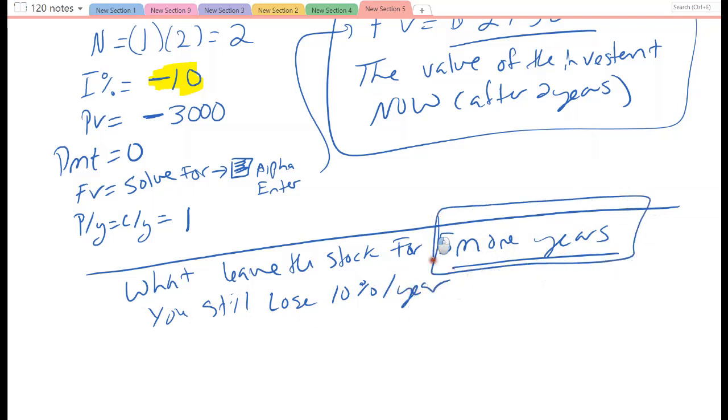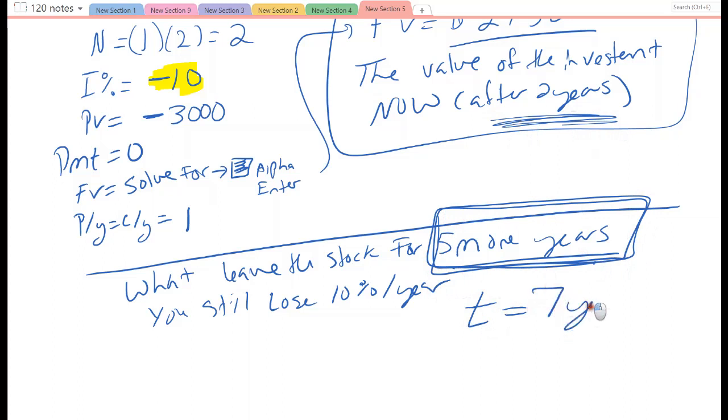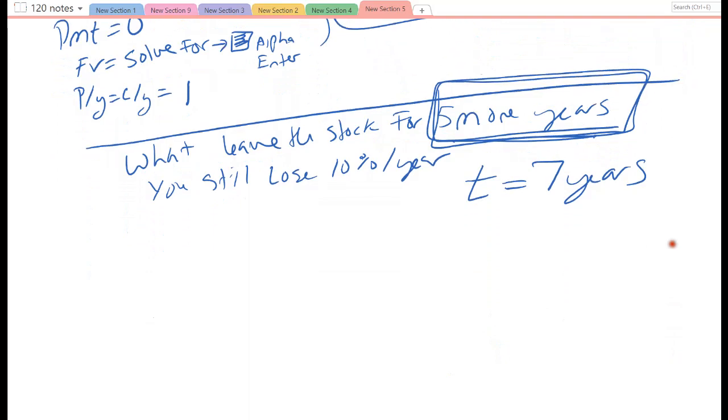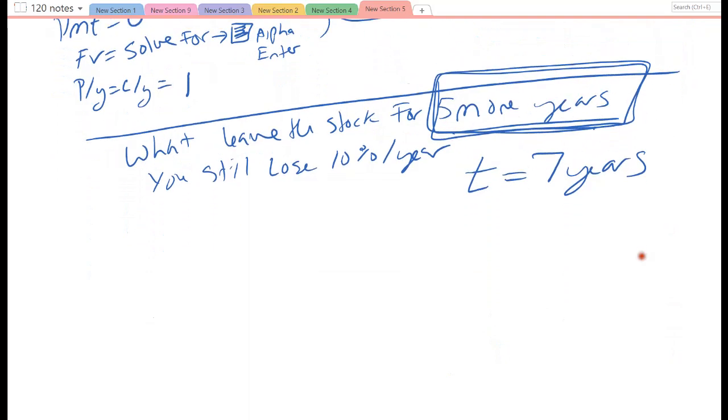Now, the trick is it's 5 more years. We already went 2 years, and so time is 7 years. My investment has been in the stock for 7 years, not 5 years. It's really easy to make the mistake and use 5. You could technically use 5.